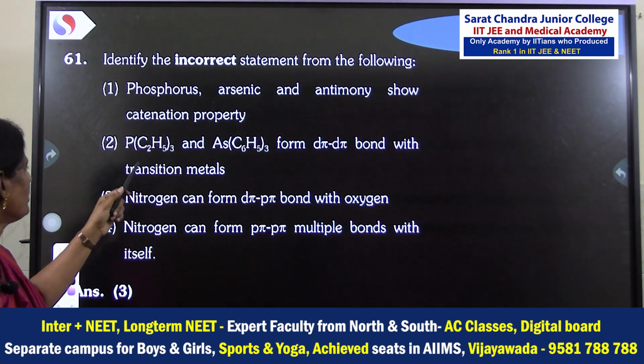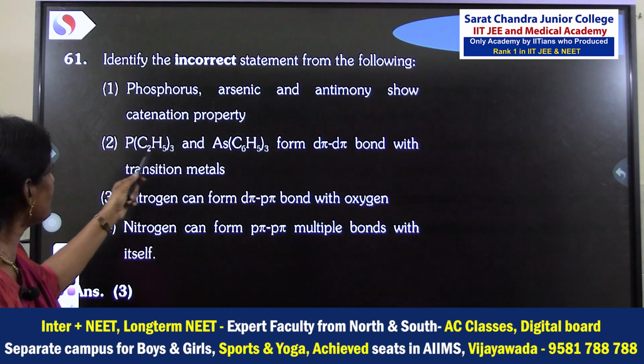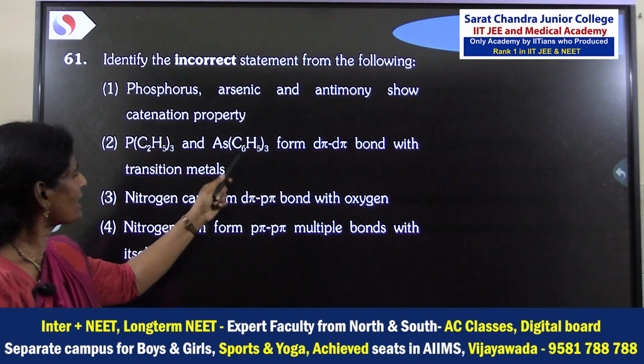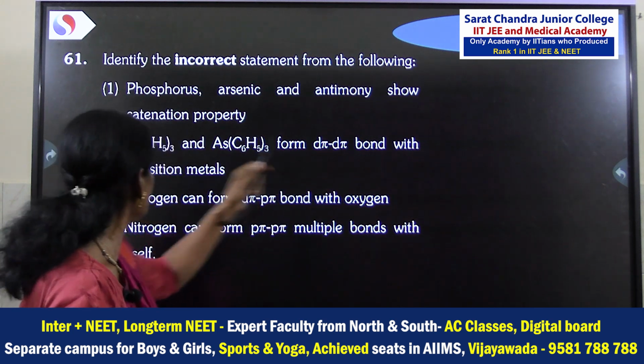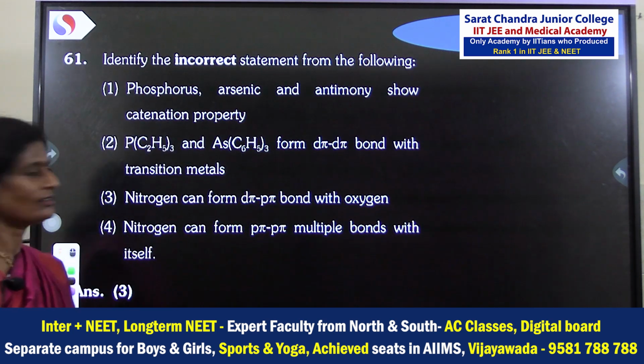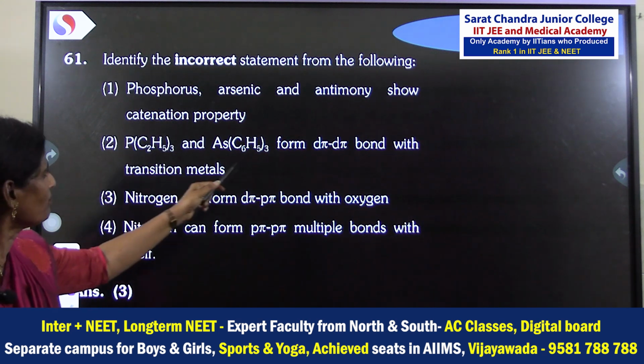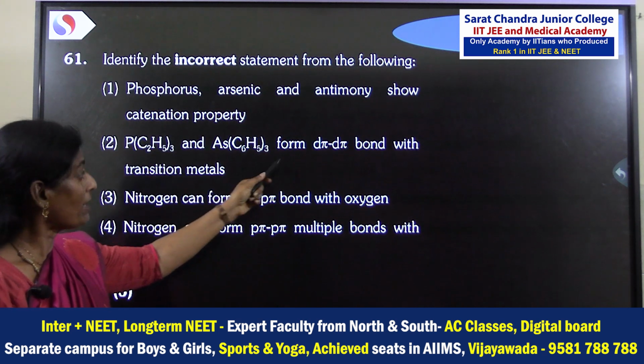And the second statement: triethyl phosphine and triphenyl arsine form d-pi bonds with the transition metals. Yes, they are able to form p-pi d-pi bonds.